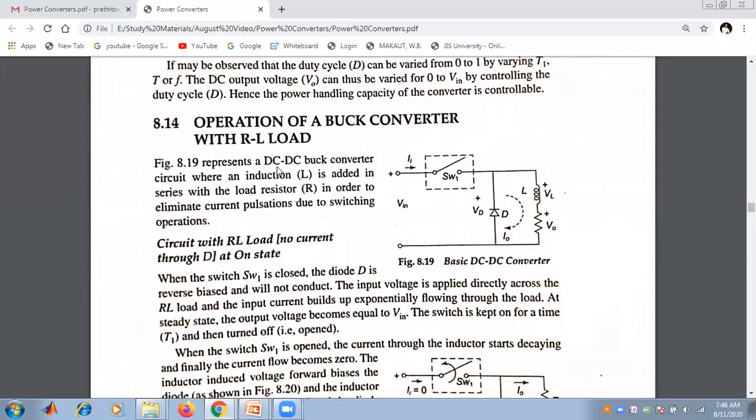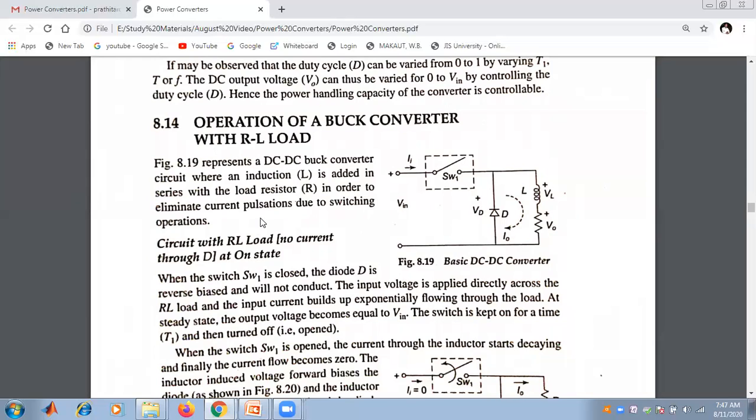So this figure represents a DC to DC buck converter circuit where an inductor L is added in series with the load resistor R in order to eliminate the current pulsations due to the switching operation.